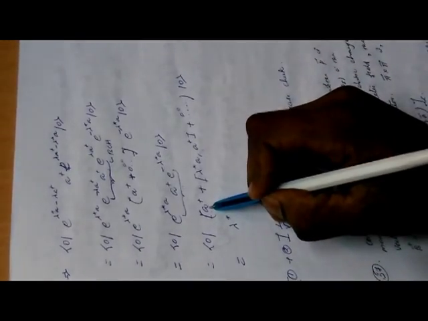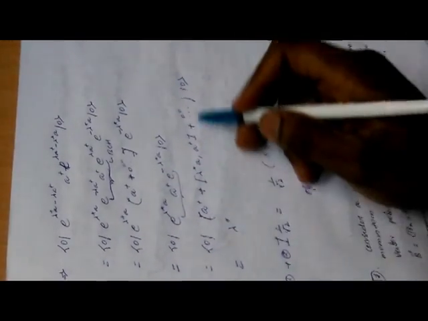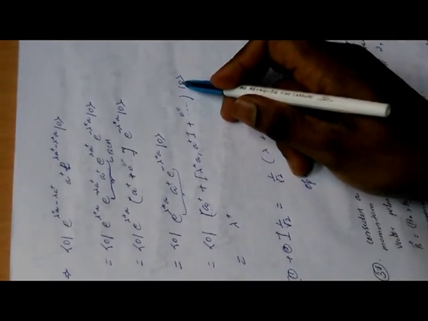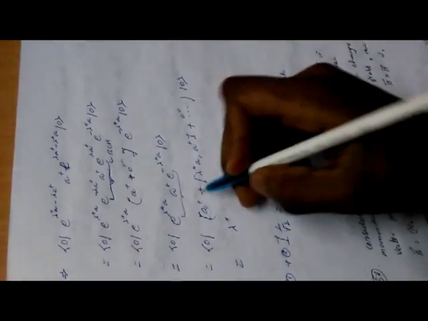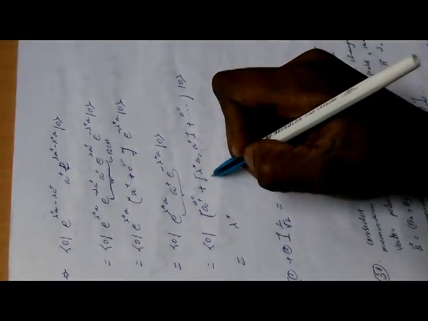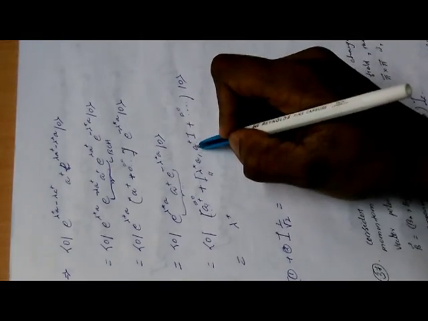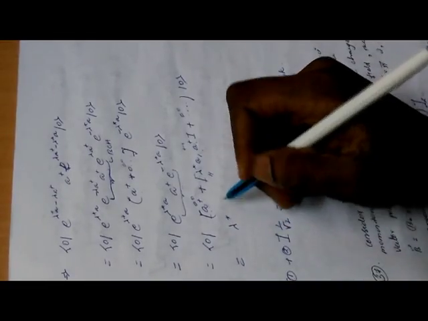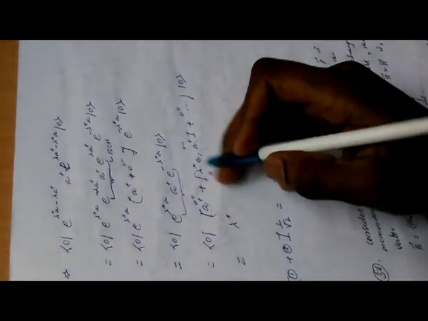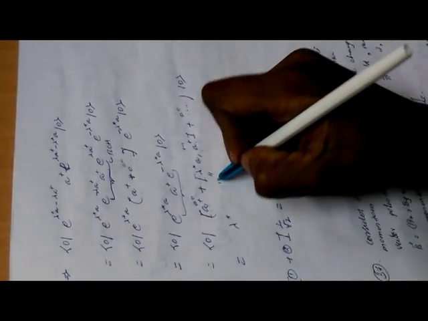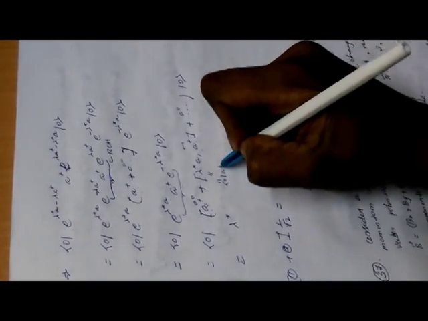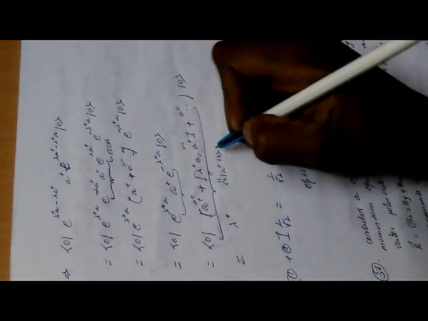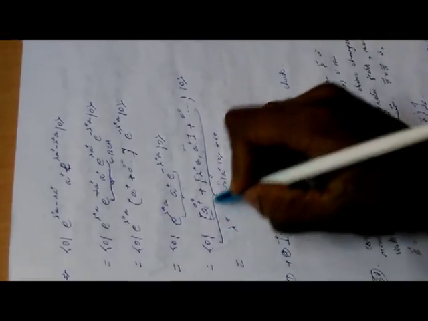So if you are using the creation operator, just multiply the bracket with a on either side. So a dagger, if it is operating, it will raise the state, but the bracket 1 0 goes to 0. So the first relation goes to 0. The second relation will give a dagger plus 1, and lambda star is outside, so take it outside. Actually, if you expand one more step, I am expanding the whole relation: 0 plus 0, the first term.